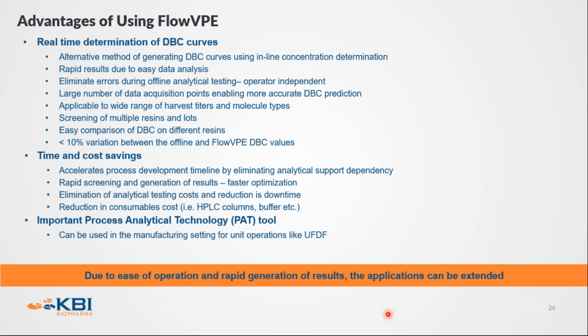Because there is no analytical assessment here, the experiment is almost operator independent, so there are fewer chances of errors. Then we get a better DBC curve. We can predict our DBC more accurately, and it has helped us in screening a number of resins, and the variability is very low. So we do get comparable results there.